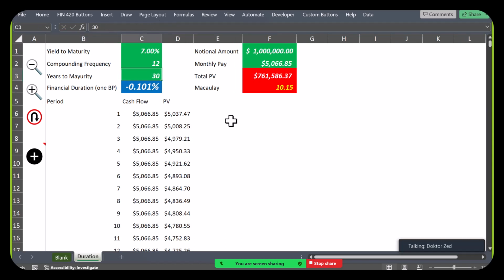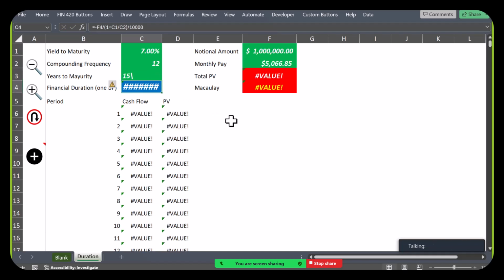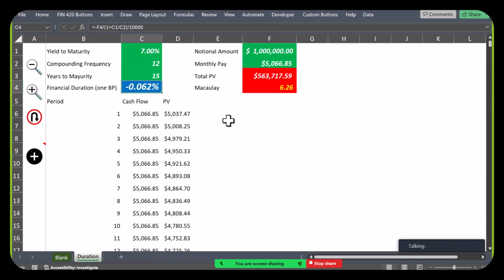If this was a 15-year bond, you know that number in absolute value is going to be smaller. Only 0.62. If it was a 40-year mortgage, of course, the payments are not going to be equal to this, but that's beside the point.